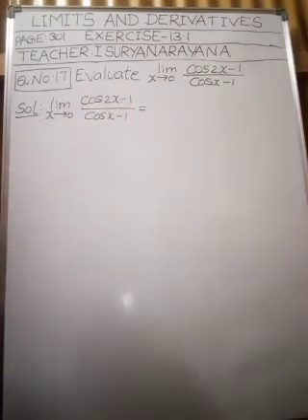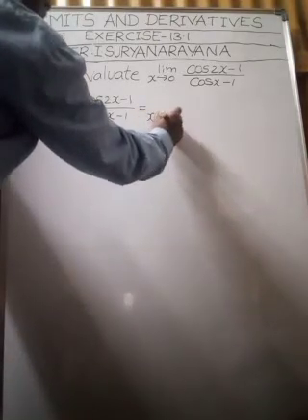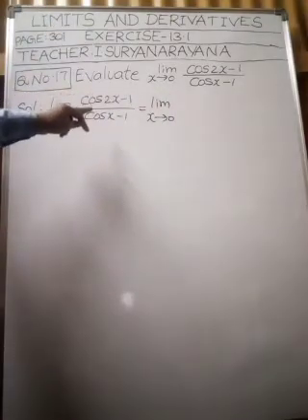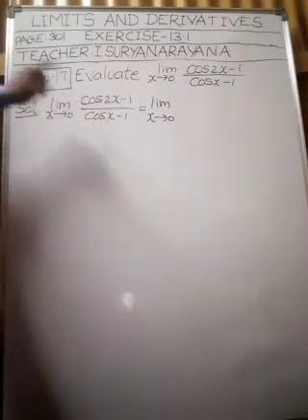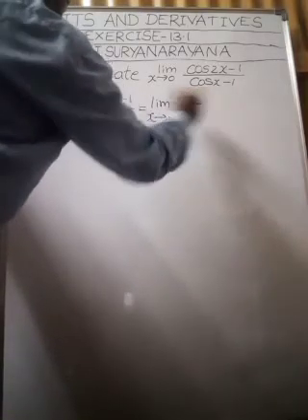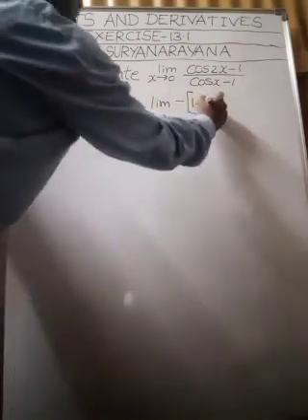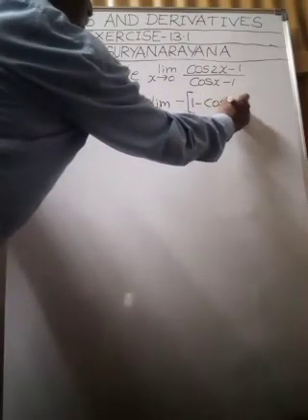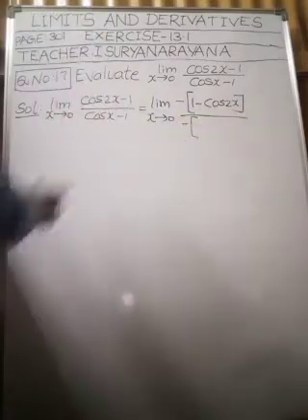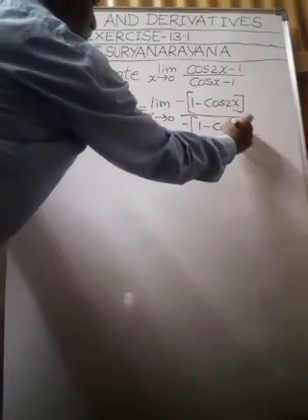Okay, my children? Right. As x tends to 0, limit of, let us take minus common from the numerator as well as the denominator. So minus of, what we get here? We reverse the terms. So 1 minus cos 2x whole divided by, if we take minus 1, then we get 1 minus cos x.